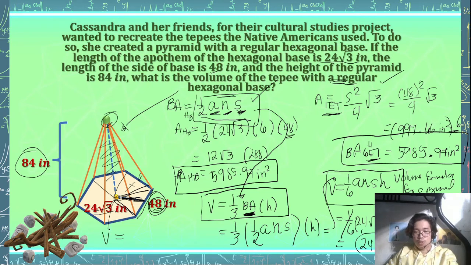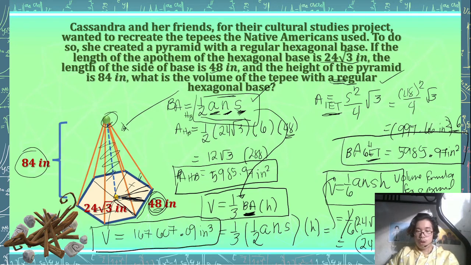So what's going to be the volume of our teepee, of our Native American tent? The volume is going to be equal to 167,607.09 cubic inches. And there you go. It's a bit big because we're measuring it in cubic inches.